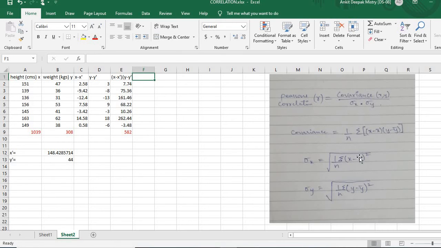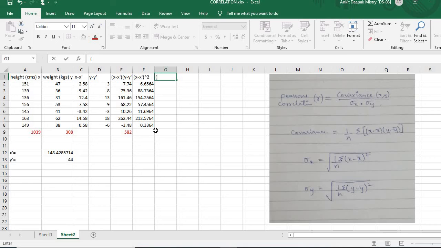Now the remaining thing would be to calculate x minus x bar the whole square and y minus y bar the whole square, which is pretty simple. X minus x bar the whole square is equal to x minus x bar times x minus x bar, and if we drag that, the whole thing would be copied. And similarly, we apply it to y minus y bar whole square, which is equal to y minus y bar times y minus y bar.